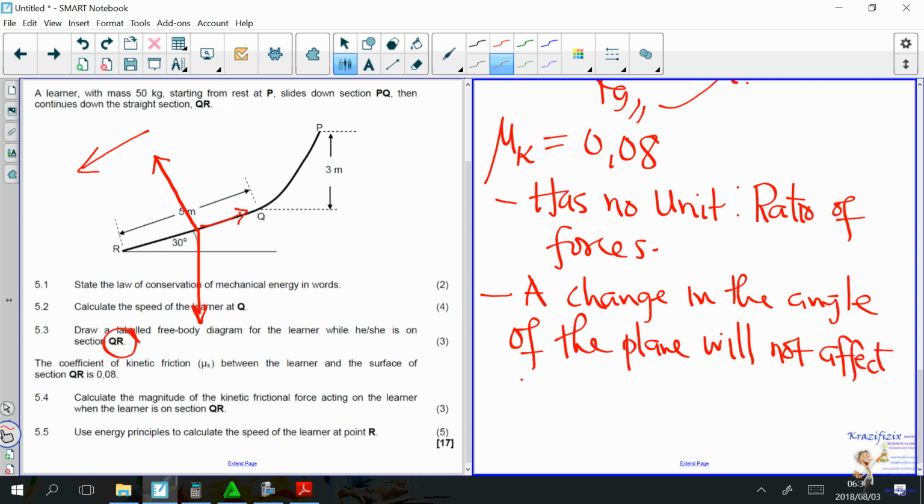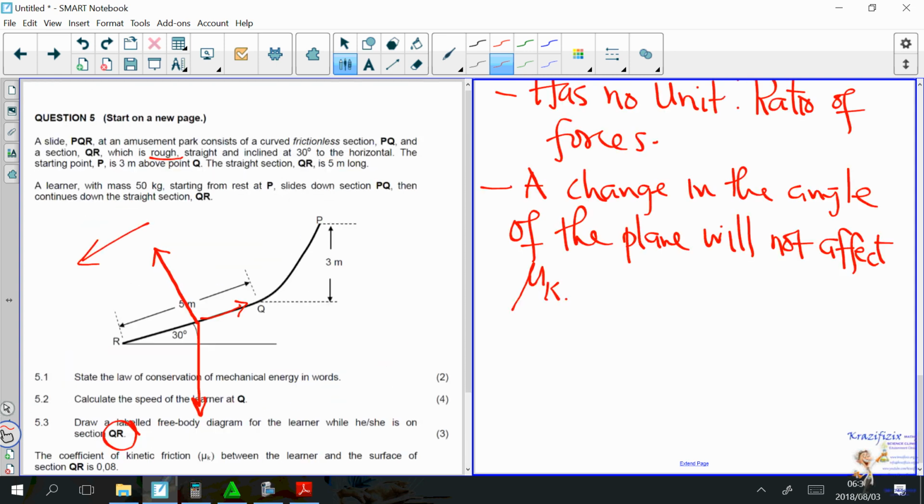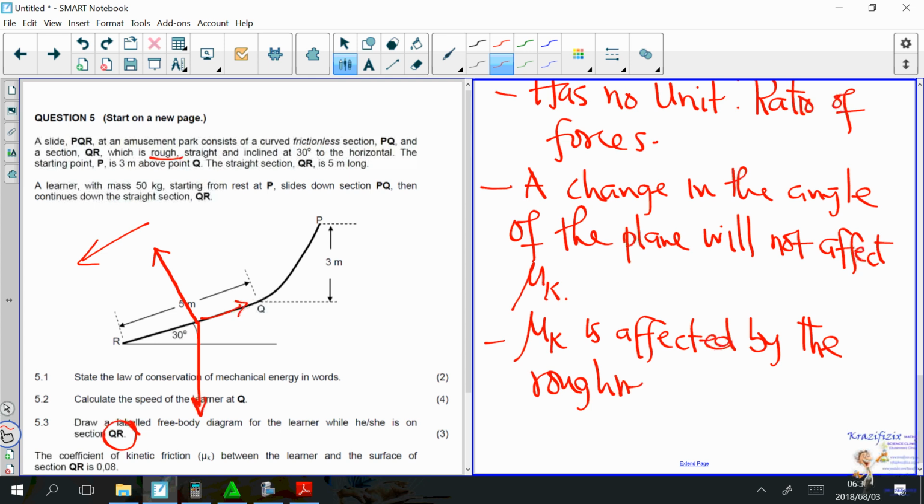This is grade 11. It will not affect the coefficient of what? Friction. The only thing that affects the coefficient of friction is the roughness of the surface. Now look, this is more teaching than just revision.